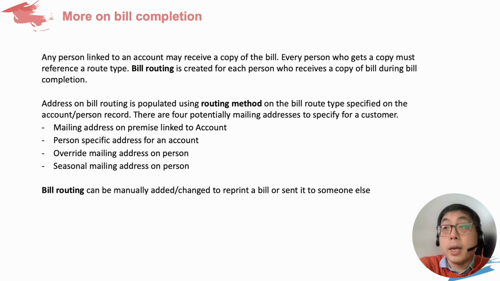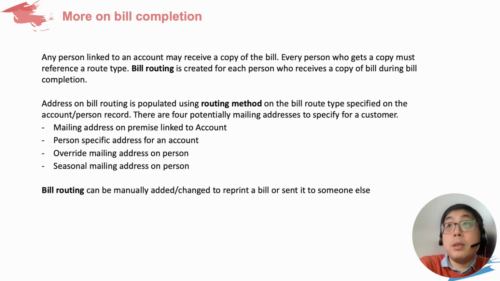Okay, so when you look at the system, you have a bill routing table under the account, and in that one you can specify who are the people meant to receive a copy of the bill. It doesn't have to be just one person, it could be multiple, because in reality, maybe one person is financially responsible, but there are other people who should be receiving a copy.